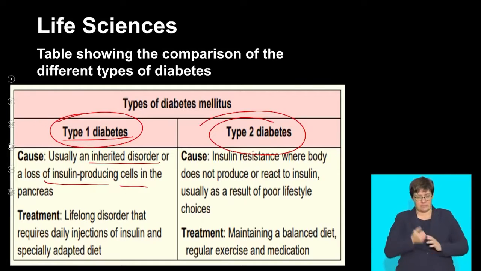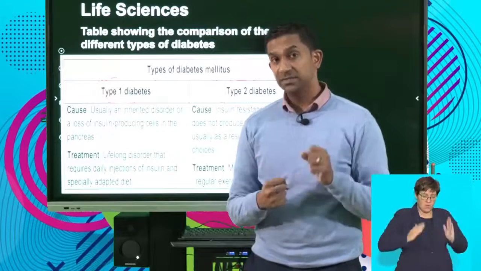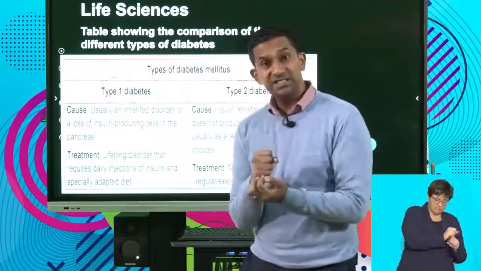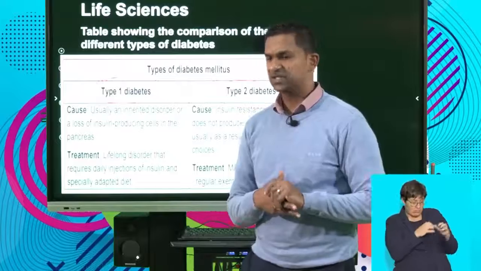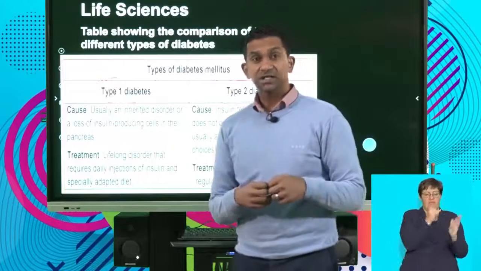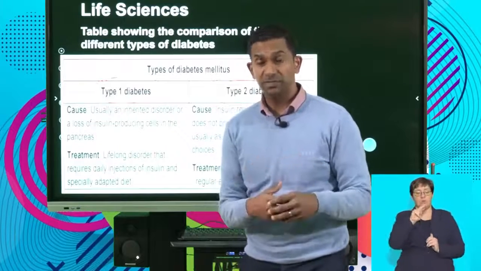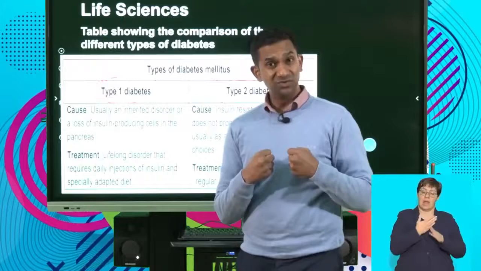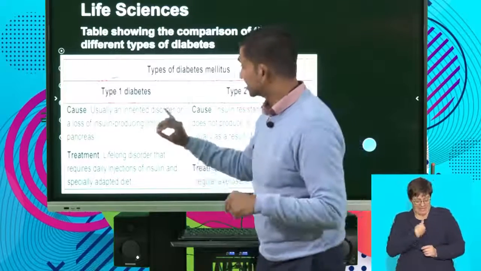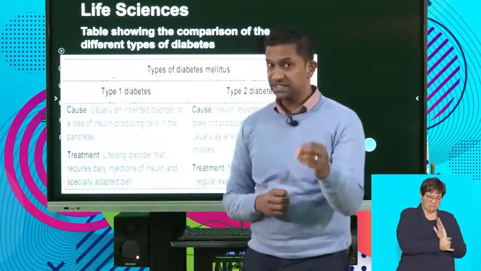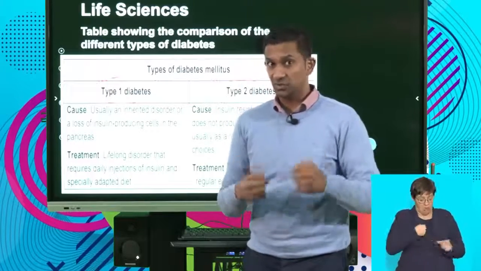So we refer to type 1 as an inherited disorder where the immune system attacks and destroys the cells that make insulin. So it's often referred to as an autoimmune disorder, meaning that the body's immune system destroys the cells that produce insulin. That is inherited, and you don't have control over that.